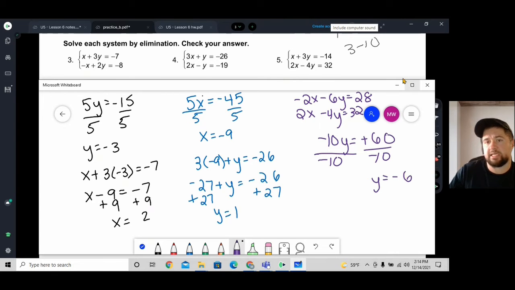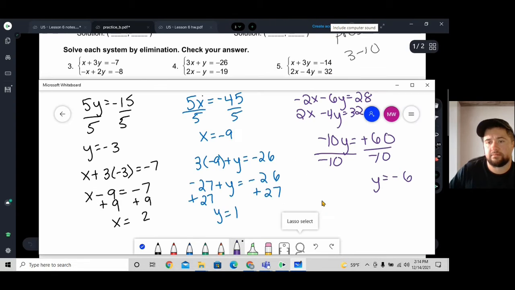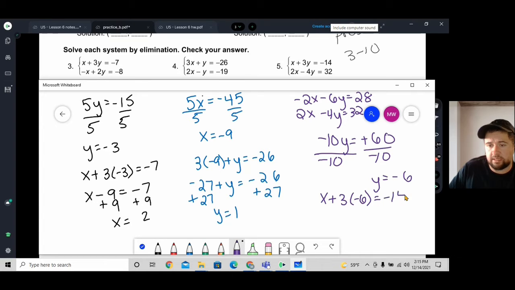I'm going to take this negative 6, I'm going to plug it back in. So we're going to say x plus 3 times negative 6 equals negative 14. So x minus 18 equals negative 14. I'm going to add 18 to both sides, and I'm going to get x equals 4.